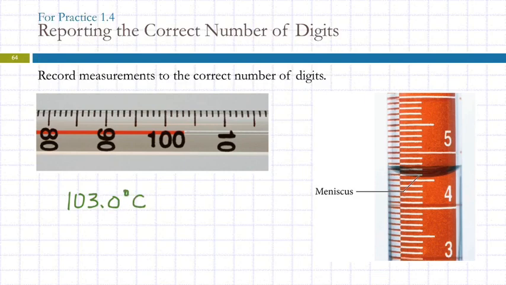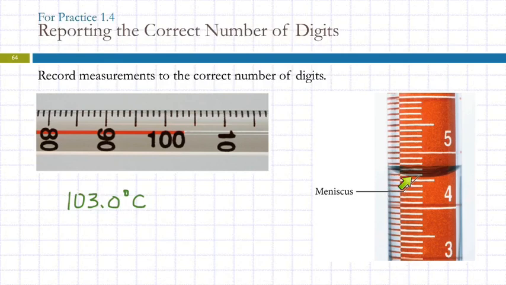Because if I write 103 without the 0.0, that means the 3 is uncertain, and I'm just saying it's between 102 and 104, when clearly from this thermometer it's very close to 103. Now you might say, no, I think it's a smidge under, it's 102.9. That's okay. But get the right decimal place written down, okay?